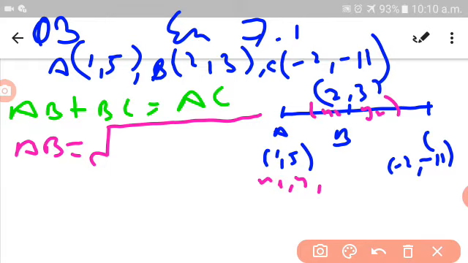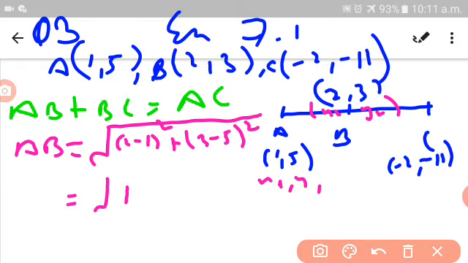So that is 2 minus 1 whole square plus 3 minus 5 whole square. 2 minus 1 whole square is 1, 3 minus 5 is -2, squared is 4, so 1 plus 4 is root 5. So we got AB as root 5.